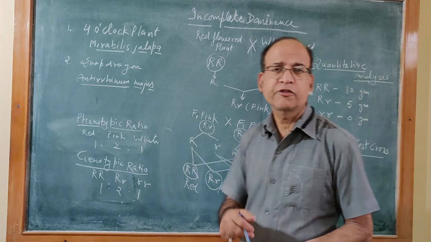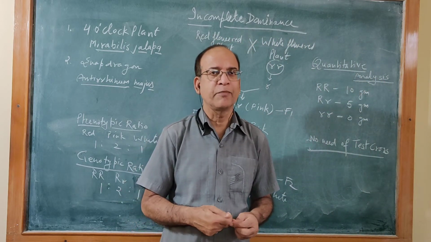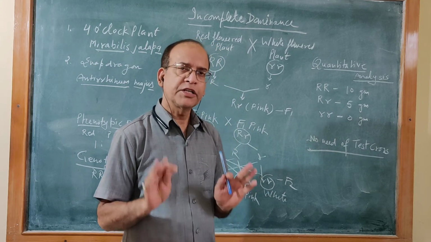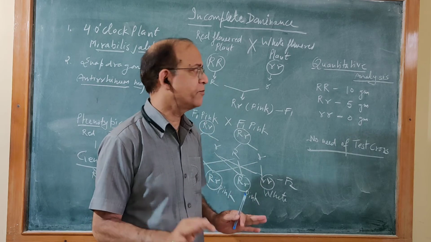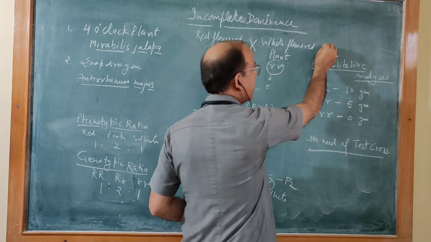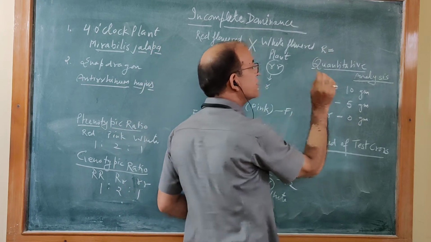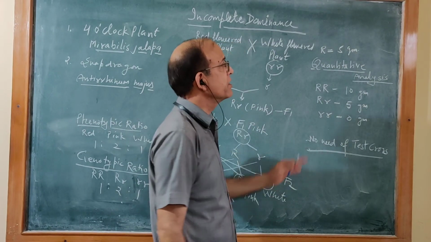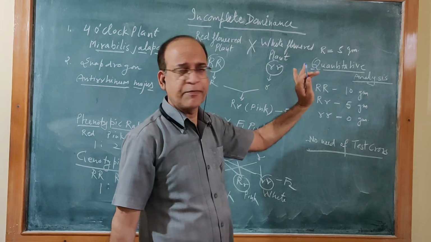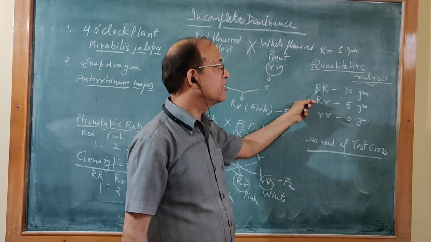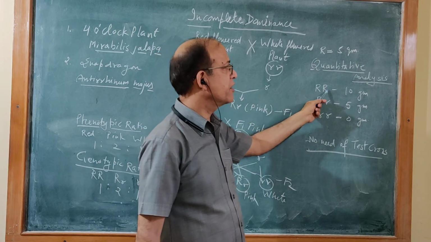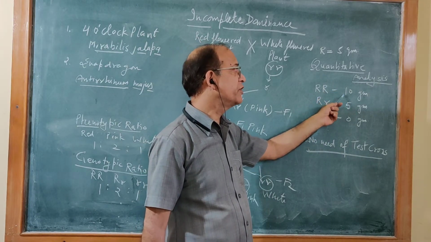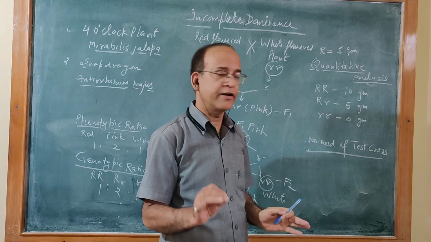We can also analyze incomplete dominance with the help of quantitative analysis. Just imagine, for example, that one capital R allele synthesizes 5 gram of pigment. So in capital R capital R, 10 gram pigment will be produced, and because of this 10 gram pigment, the flower is red.